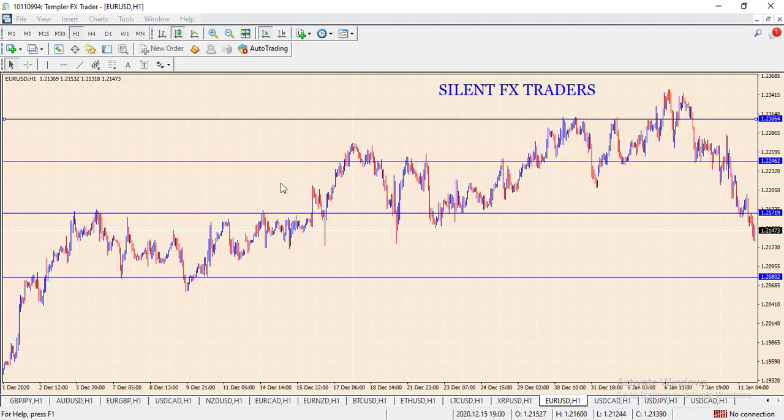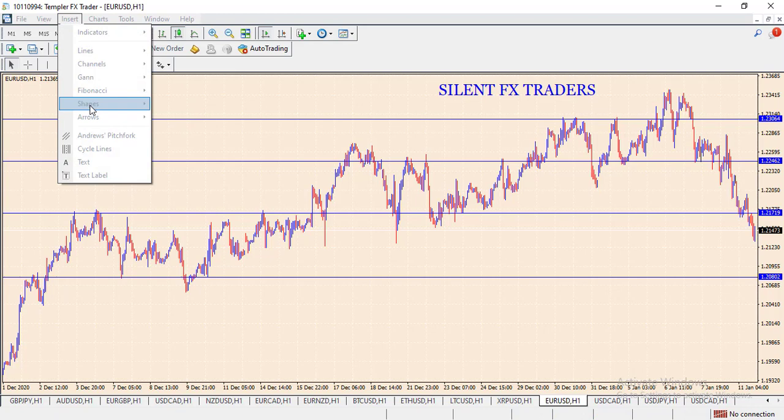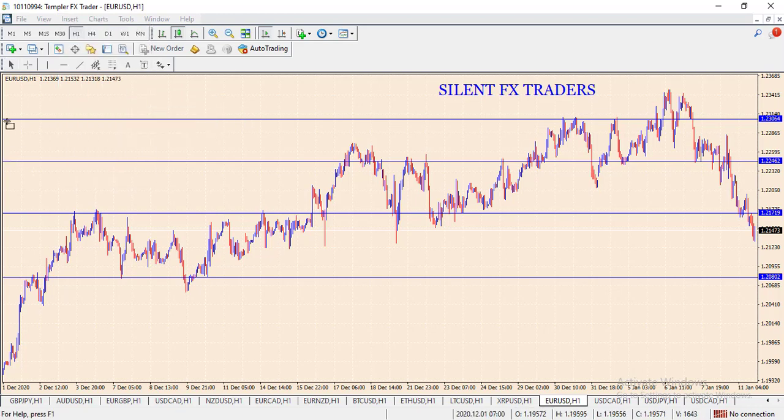So, next step, we are going to highlight or draw these support and resistance levels in order to be not confused. That is our first level, which is our resistance level.